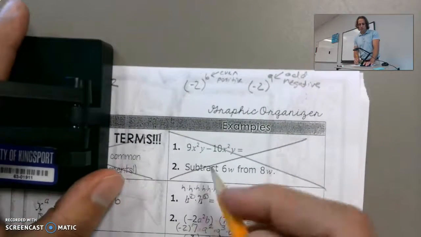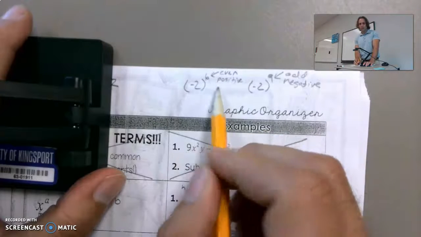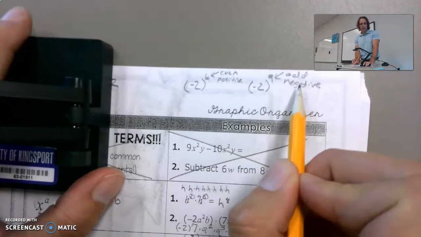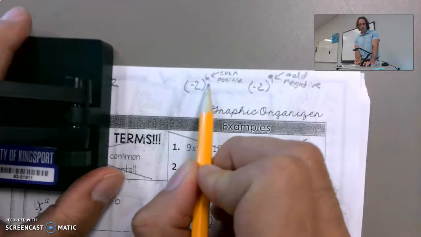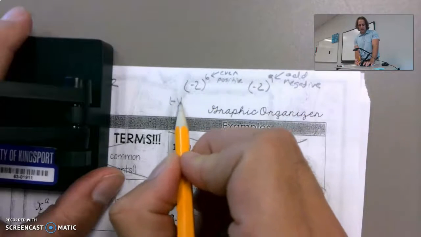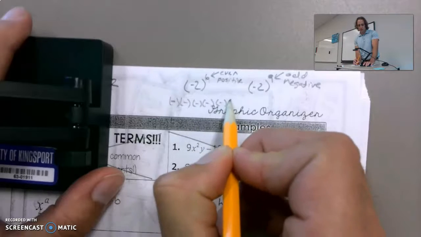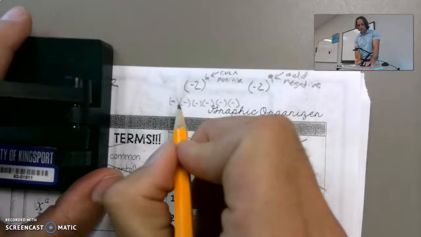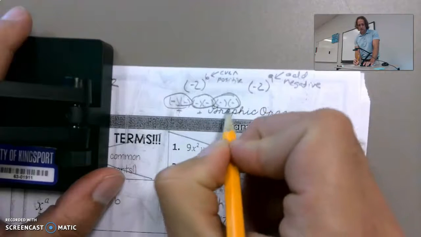Another thing that will probably come up, if you have an even exponent, will you get a positive value or a negative value? If you have an odd exponent, will you get a positive value or a negative value? And the way you need to think about this is if I have a negative number and I'm multiplying an even number of times, a negative times a negative times a negative times a negative, these negatives combine to make a positive.